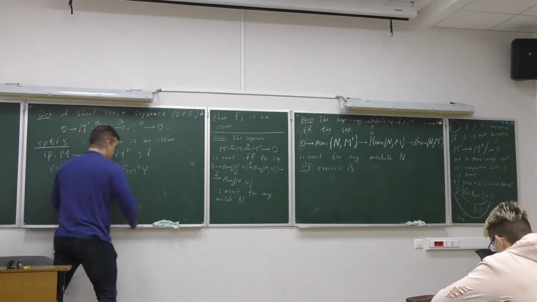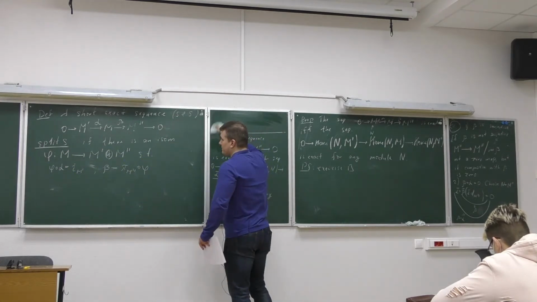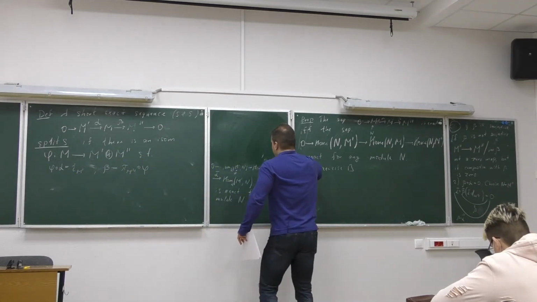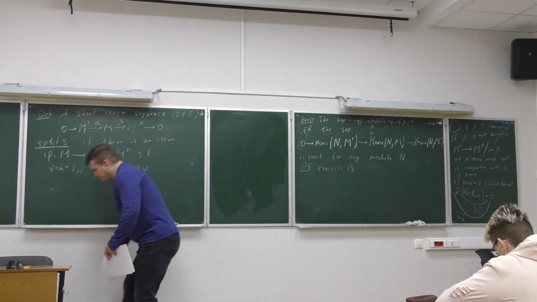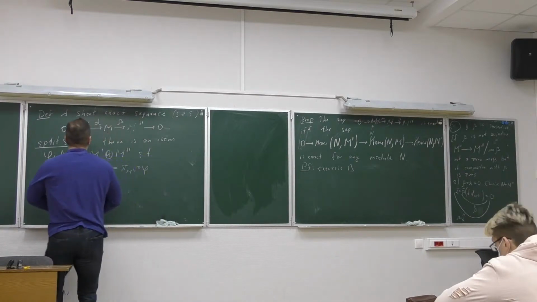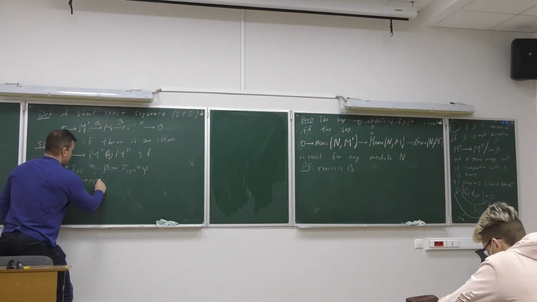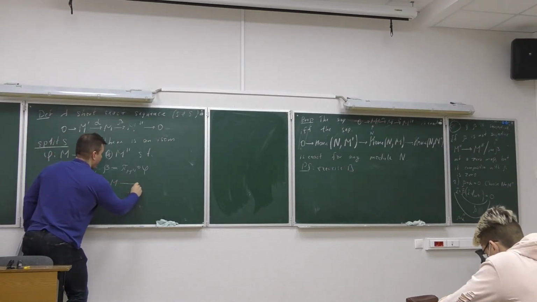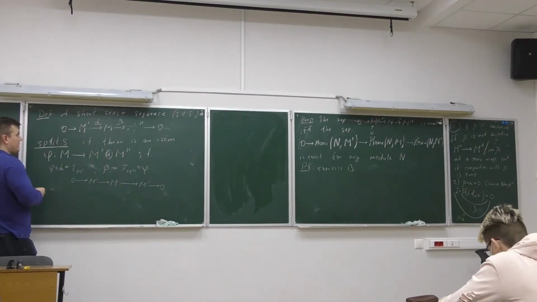In a second I'm going to write this as a commutative diagram. It will be much easier to remember and understand these two conditions. So perhaps it's better to write in terms of diagrams. We have a short exact sequence, and you have the easiest possible short exact sequence that you can imagine.